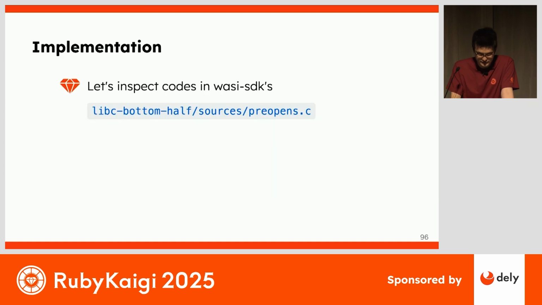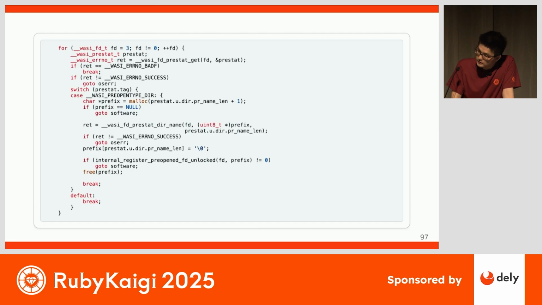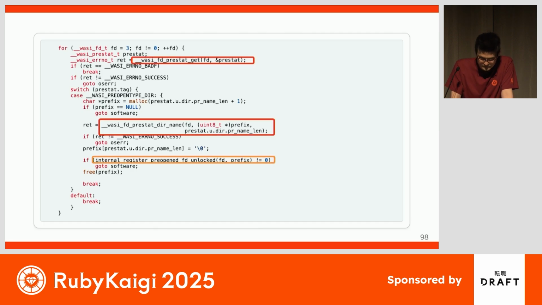Looking at the WASI SDK's libc implementation, you can see specific processes. Inside the WASI SDK, before a program attempts to open a file, a function named __wasilibc_populate_preopens is called. Within that function, it iterates through file descriptors, attempting to retrieve information about pre-registered host file system entries.